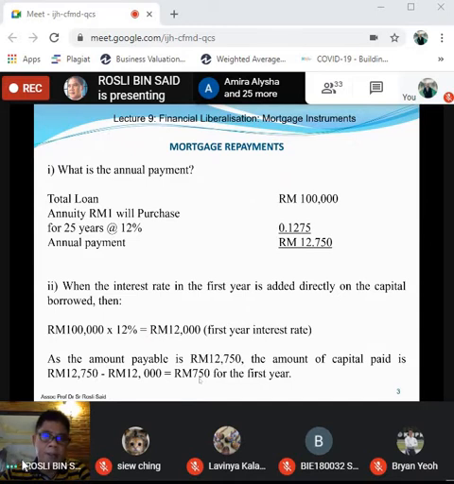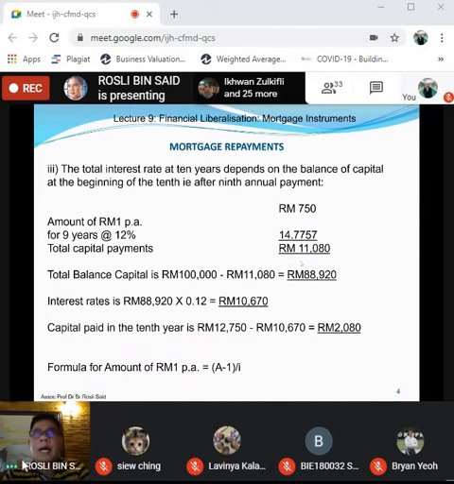Unless the market is always like 2011, 2015, when the price increased. So basically, only 750 ringgit per year out of 12,750 will be used to deduct the outstanding capital.